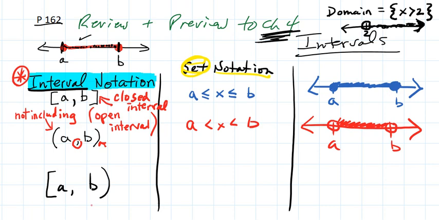Now this one has a combination. Okay? What this one means right here, that's a closed bracket. This would be an open bracket. This closed bracket means that x does include a. But this open bracket means x does not include b.